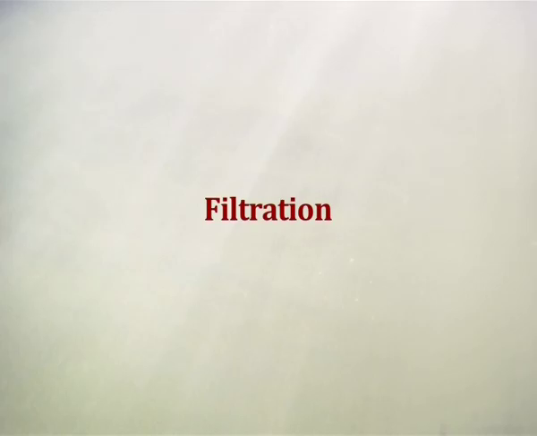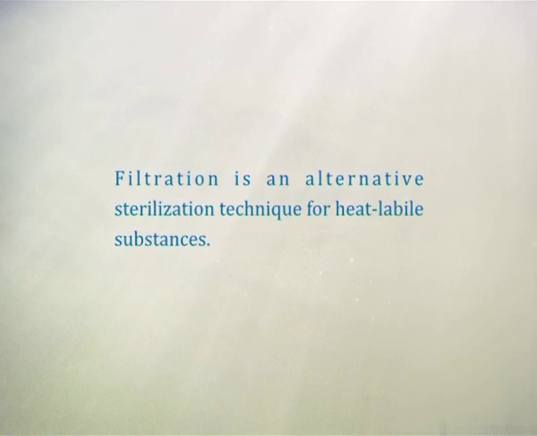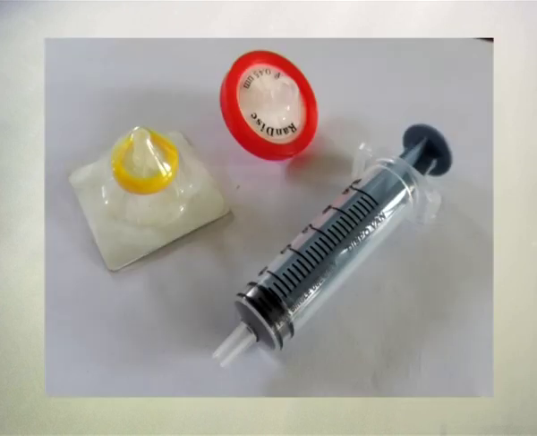The next technique is filtration. Filtration is an alternative sterilization technique for heat-labile substances. Filters made from heat-fused glass particles or membrane filters made from cellulose esters with an average pore diameter of 0.2 micrometer are normally used for removal of bacteria.